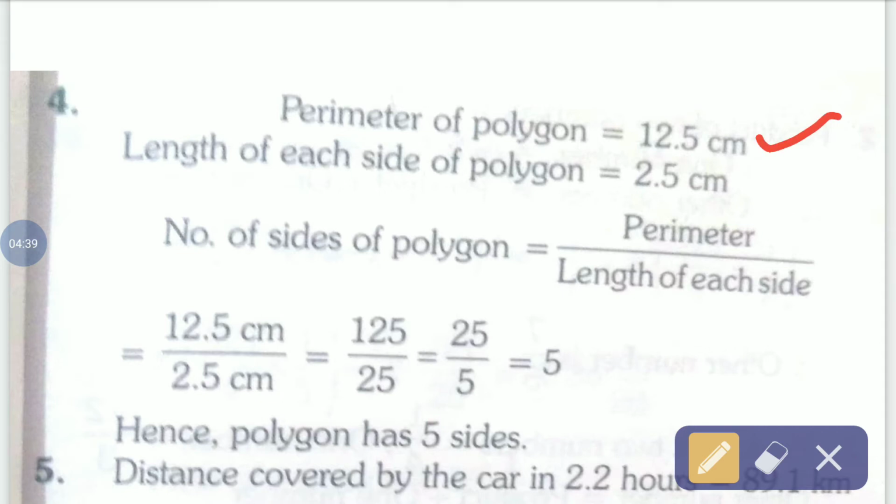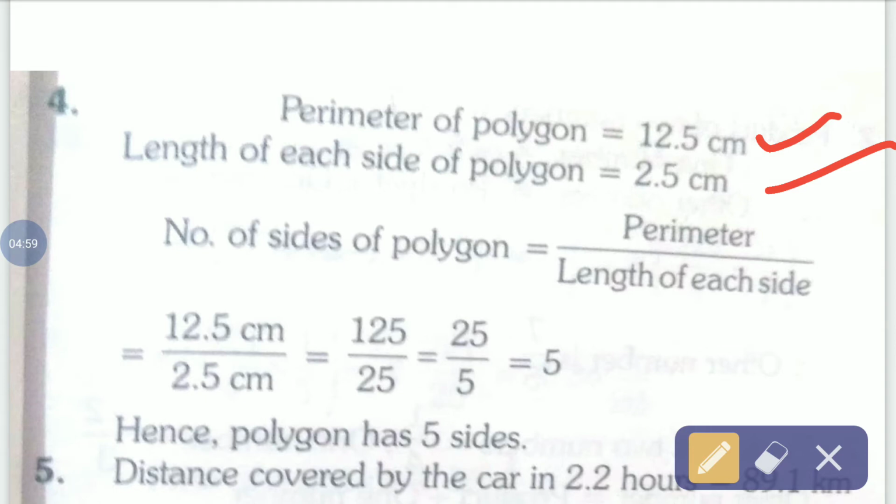The length of each side is 2.5 centimeter. So the number of sides will be equal to perimeter upon length of each side. So we have to do the division, 12.5 divided by 2.5.